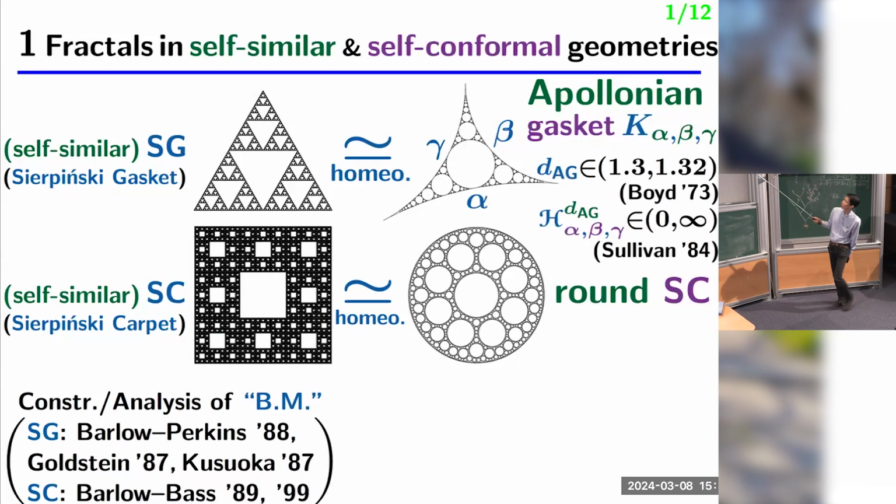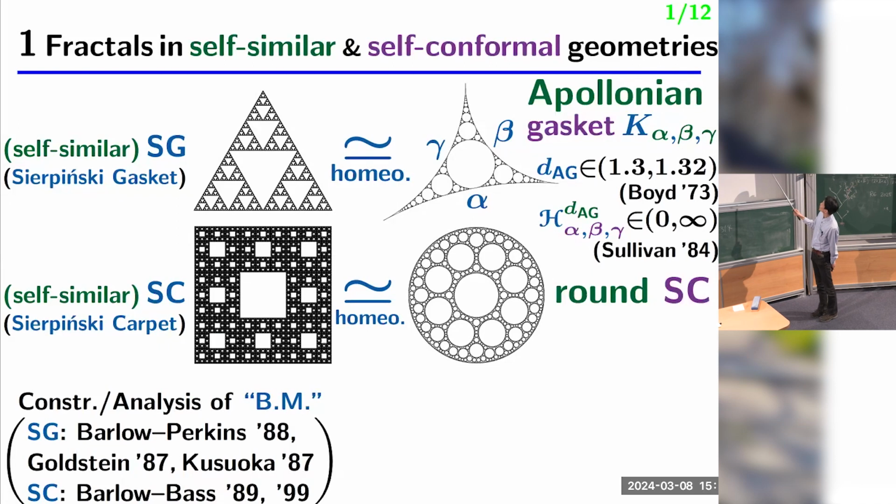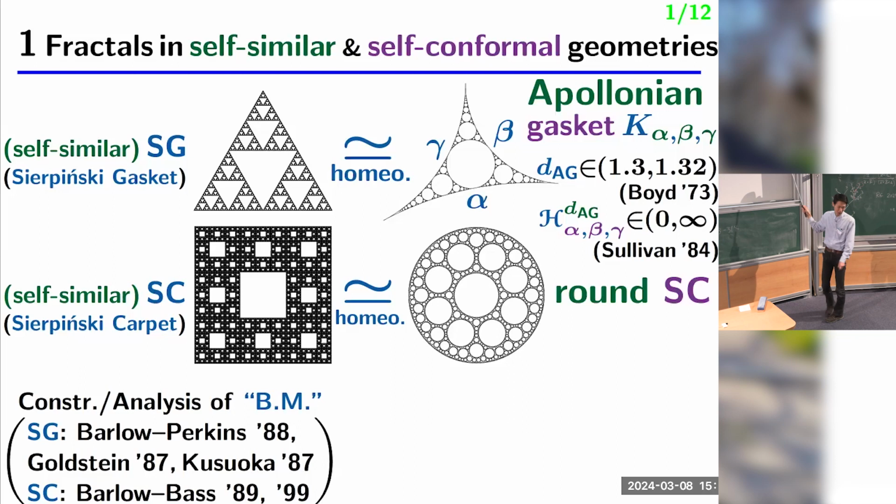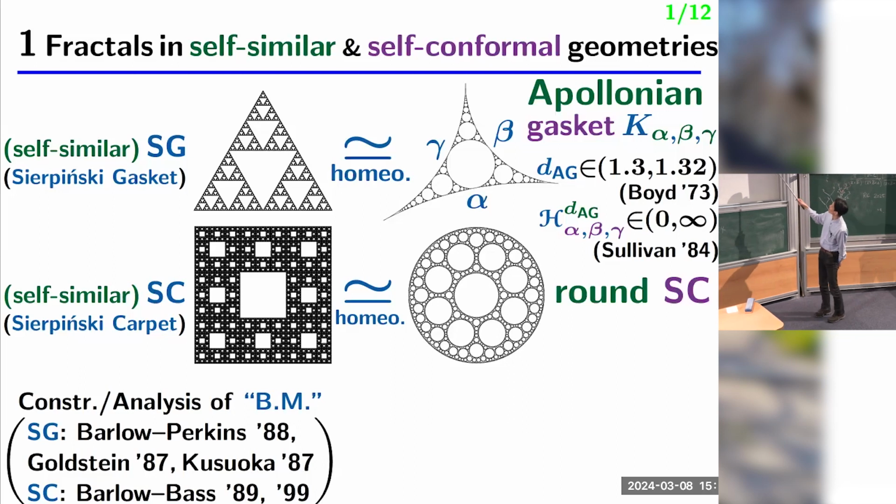Here are some fractal properties of this. d_AG denotes the Hausdorff dimension of this class of fractals, which is independent of alpha, beta, and gamma, and it's known to be between 1.3 and 1.32 or so.